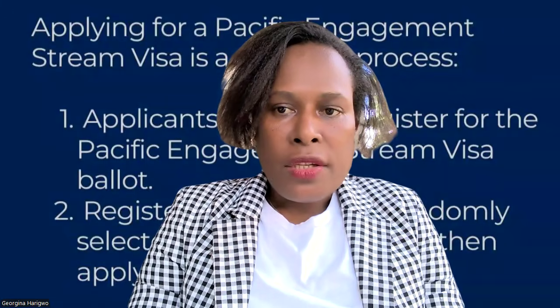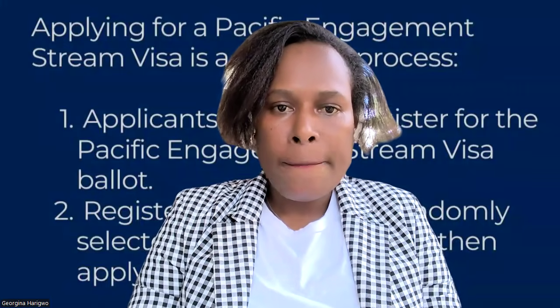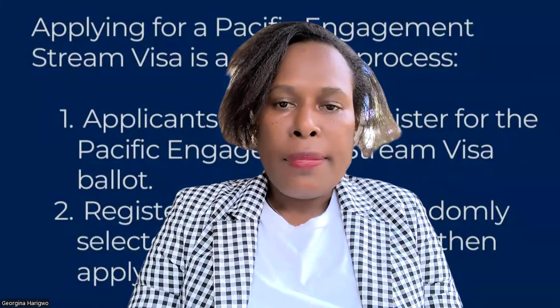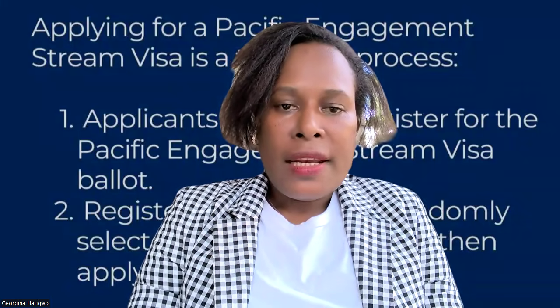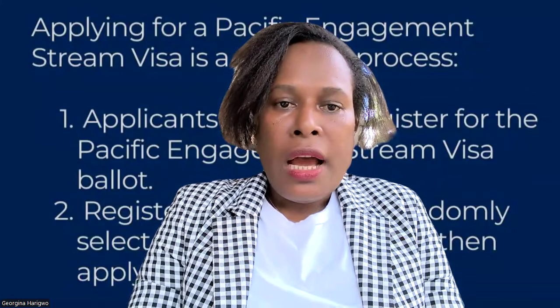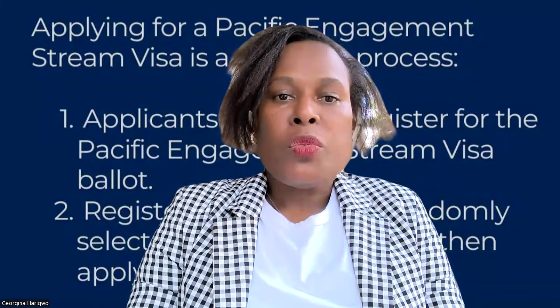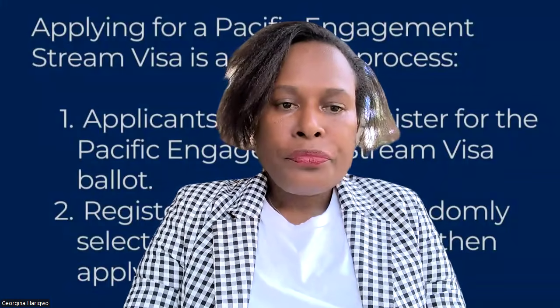As long as you're 18 to 45 years old, you have to register yourself and all your dependents. That's the first stage, which usually opens in June to July of every year. Then when the selection is done around August, you will be asked to provide other requirements, which proceed as step 2 for applying for the Pacific Engagement visa to come to Australia.